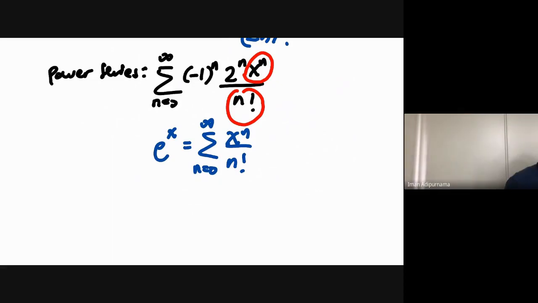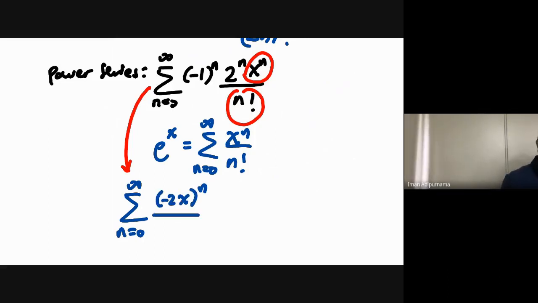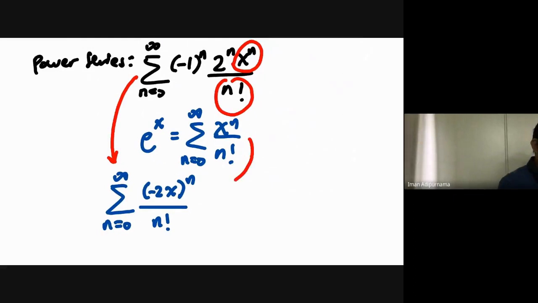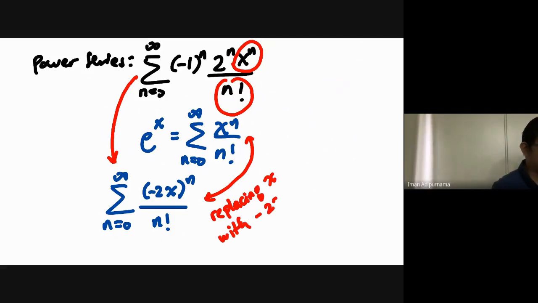Now you can write down the formula, arrange another formula from the original one. We can maybe include the -1 with 2 and x, so we can have -2x with power of n divided by n factorial, which means this is the same or similar formula with the e to the x. The difference is the x, right? We replace the x, so it's replacing x with -2x.